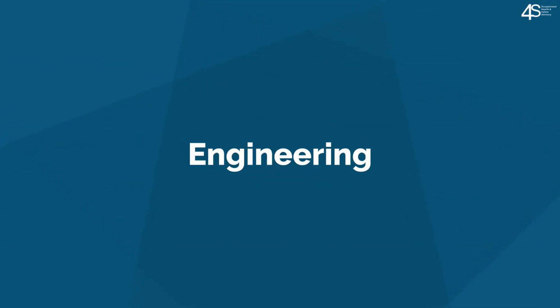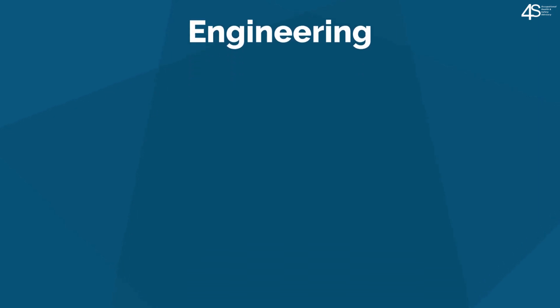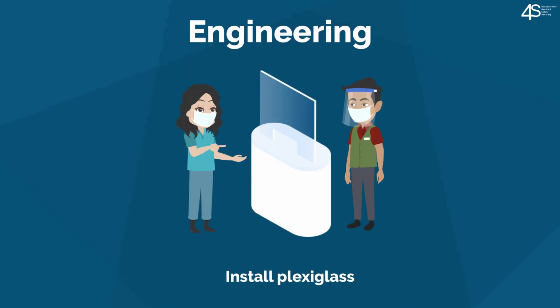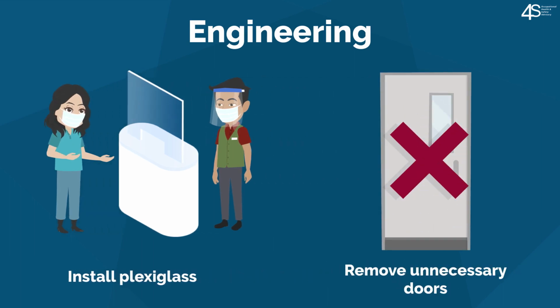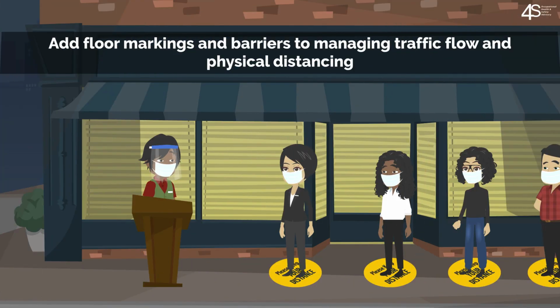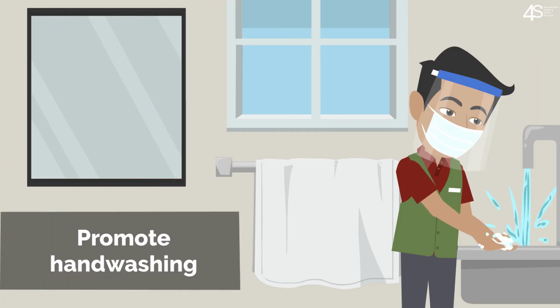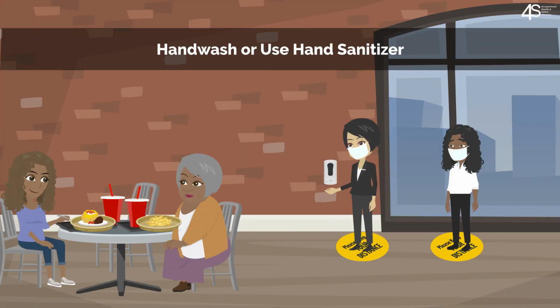Engineering controls refer to making physical changes to remove the hazard. To implement such controls, you can install plexiglass barriers to separate workers from customers, remove unnecessary doors that people would have to touch, add floor markings and barriers to manage traffic flow and physical distancing, promote hand washing by providing access to soap and water or to alcohol-based hand sanitizer to everyone.